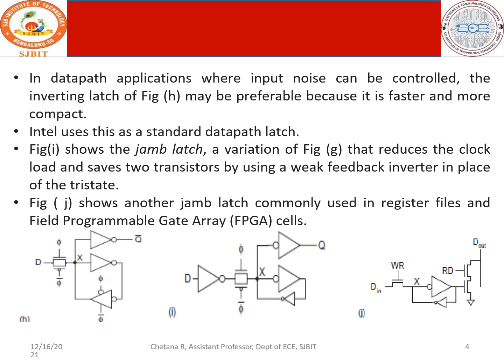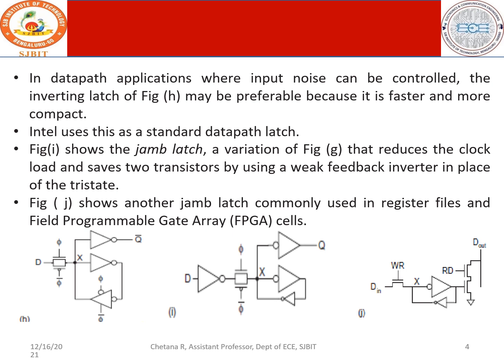Next, figure I shows the jam latch. This is a modification, a variation of figure G, which reduces the clock load and saves two transistors by using a weak feedback inverter in place of a tri-state.